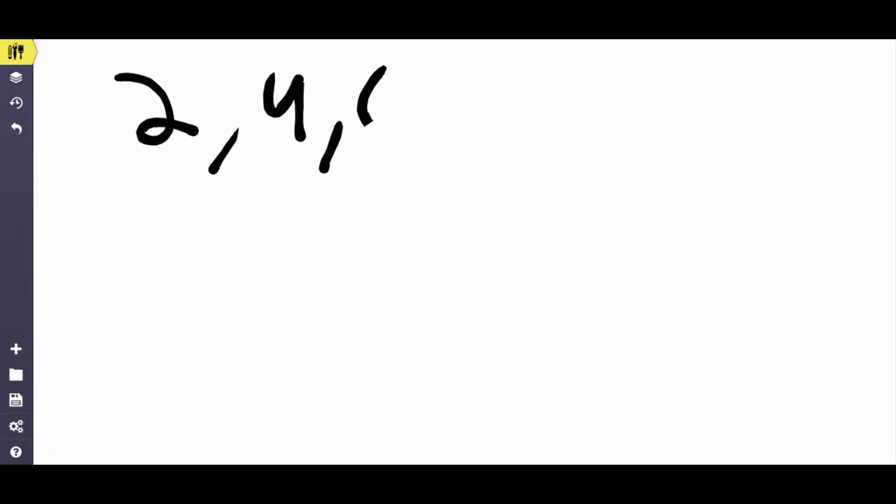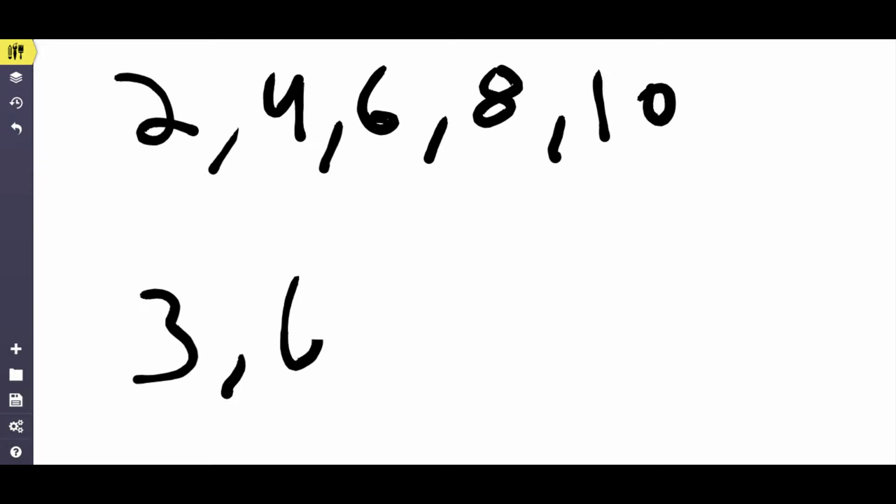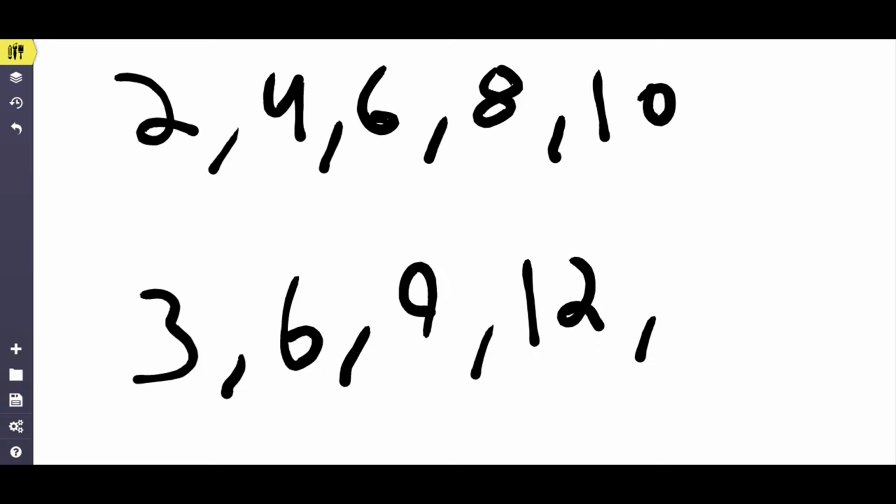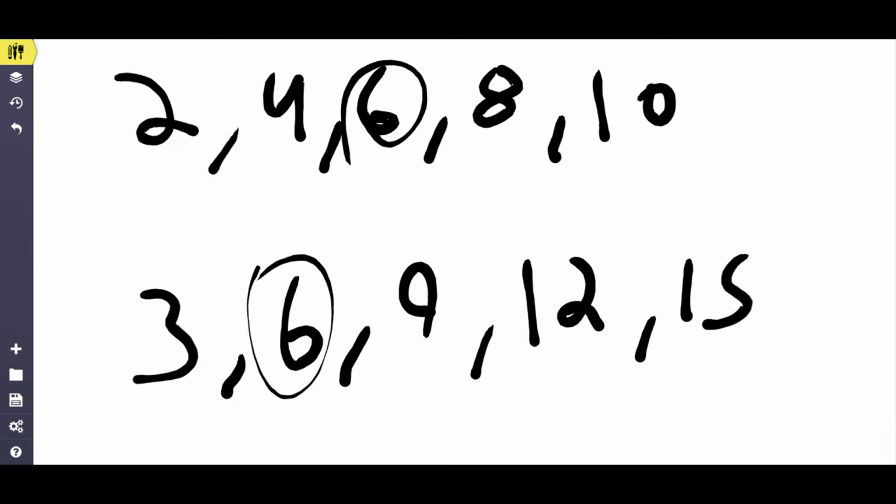You have to find multiples, the first common multiple. So the multiples of 2 are 2, 4, 6, 8, 10. The multiples of 3 are 3, 6, 9, 12, and 15. And automatically you can see one that matches here, 6.